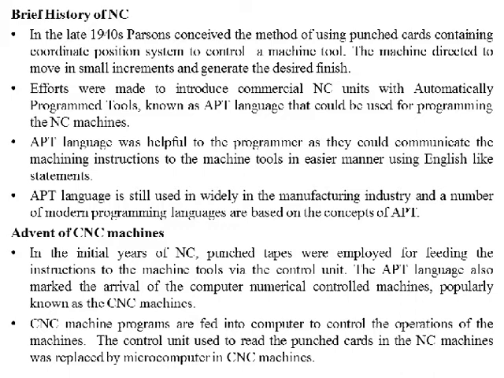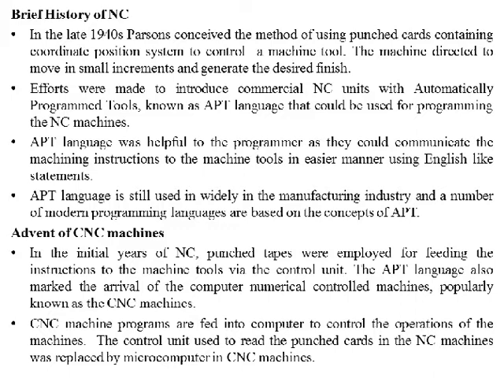So how these numerical control machines were invented: in the earlier ages punched cards were used. Later, using these punched cards, he could run a coordinate position system to control a machine tool. Later, he invented the use of the automatically programmed tool, nothing but APT language.